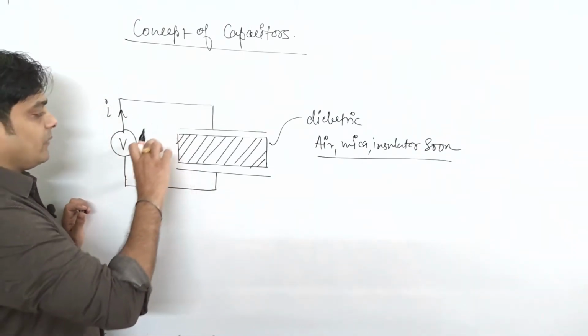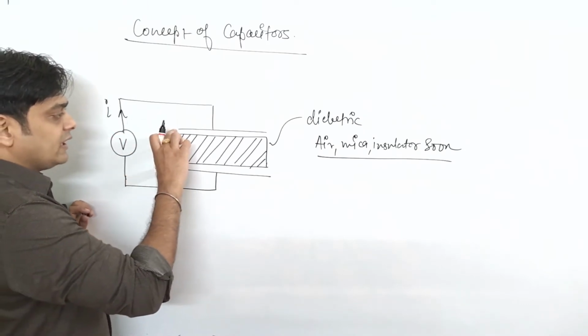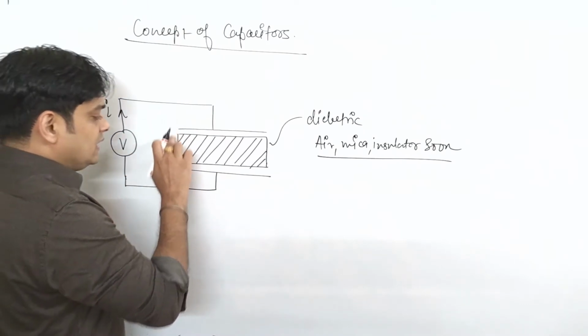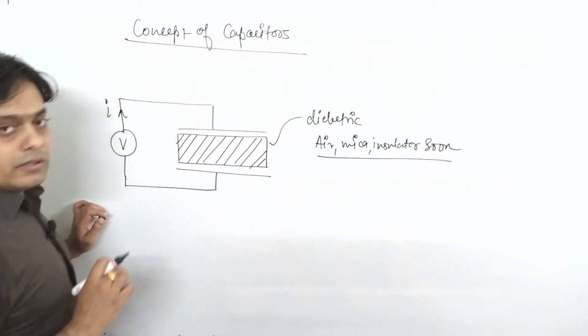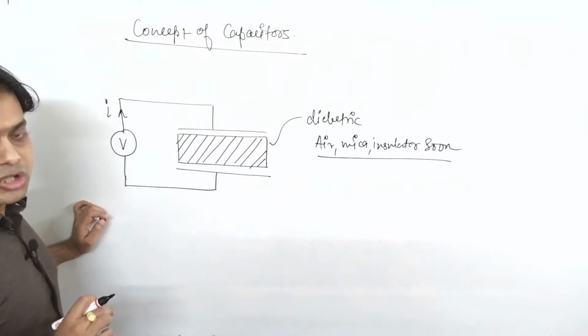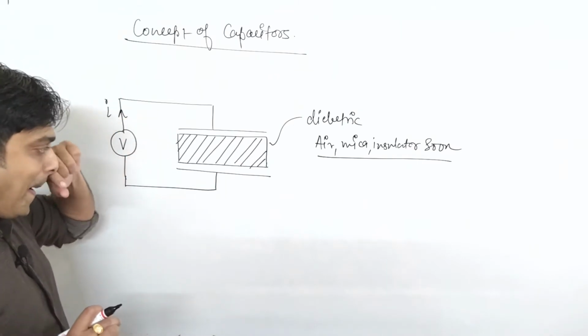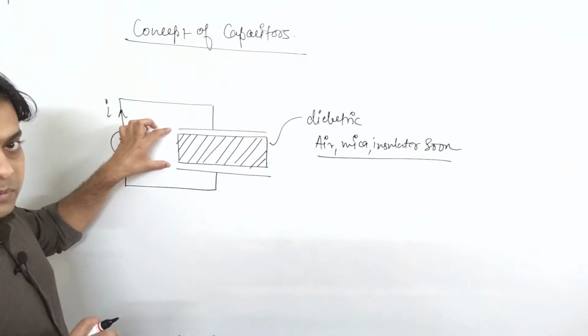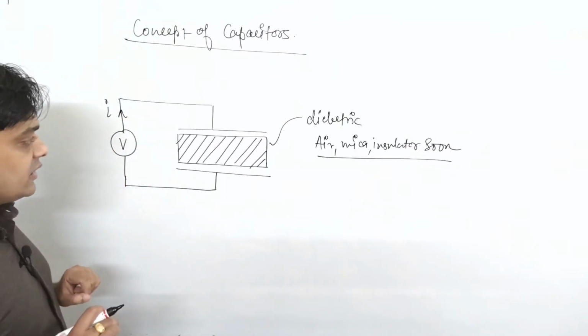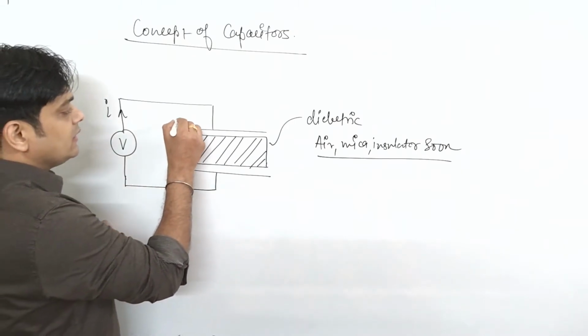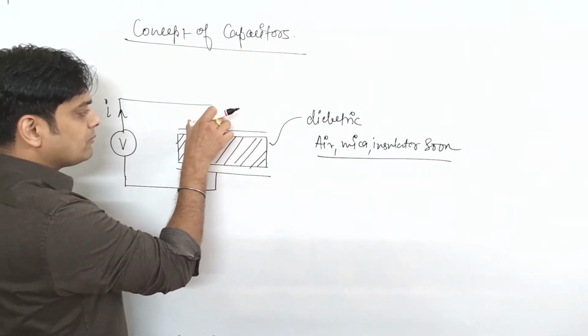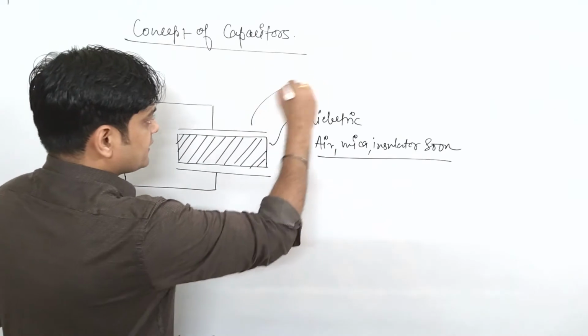As we know, when a voltage V is applied across the capacitor, initially these plates are uncharged. I mean, the plates are neutral in nature. That means each plate carries an equal number of positive and negative charges.